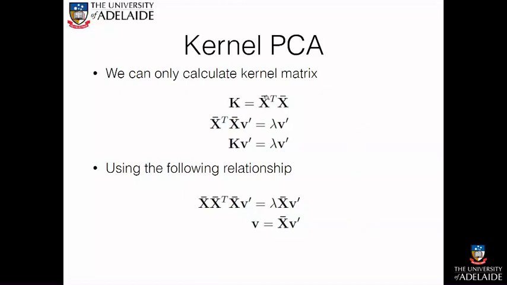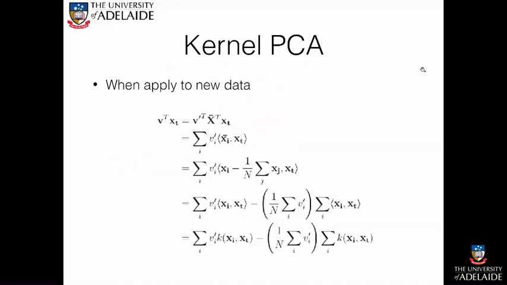So the whole idea is that this inner product can be replaced by a kernel matrix. And here I just show you how, after you do the eigendecomposition, you apply the projection matrix to new data. Again, you also need this kernel trick. I'm not going to get into the details of this mathematics.